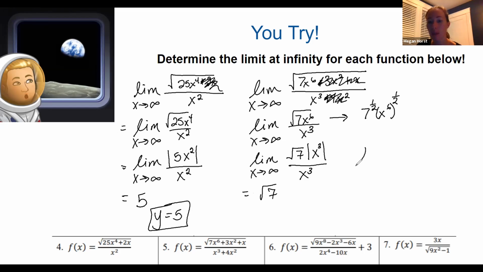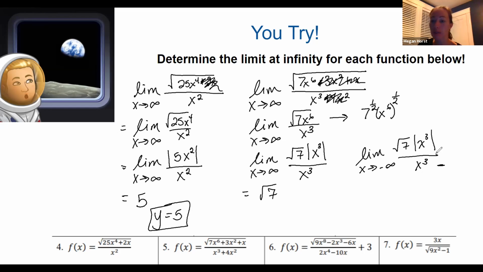But let's see what happens when I put in negative infinity at this step. I have the square root of 7 over the absolute value of x cubed, over x cubed. If I put negative infinity into my denominator, I'm going to get a negative out. If I put negative infinity into my numerator, this is forcing this to be positive because we can't get a negative result out by taking the square root of this function.